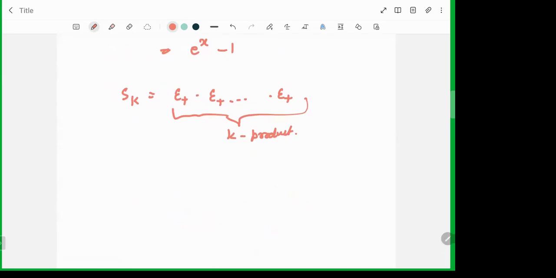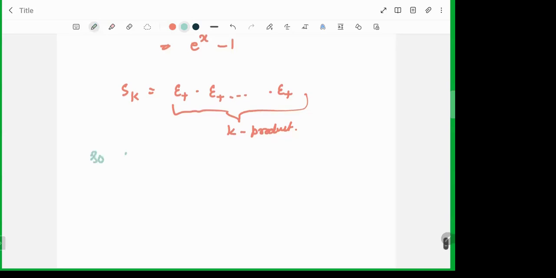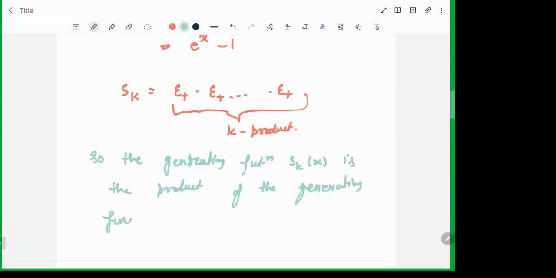That means the generating function of S_k is the product of the generating functions that we have proved earlier, because if a species F is a product of G and H, then the generating function of F is the product of the generating functions of G and H. So the generating function S_k(x) is the product of the generating functions of the species of non-empty sets.